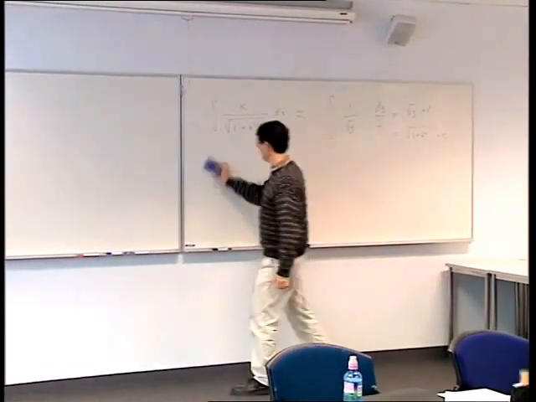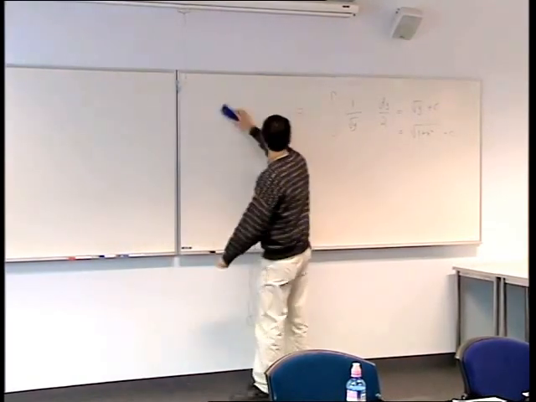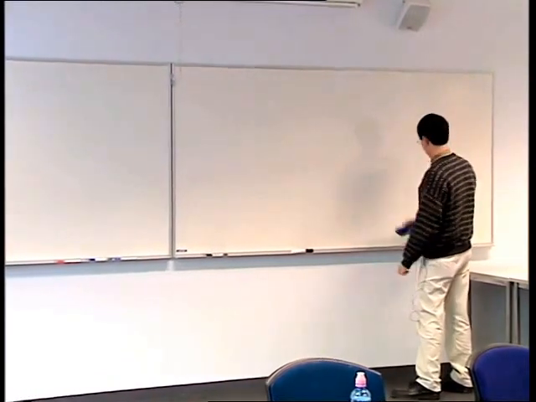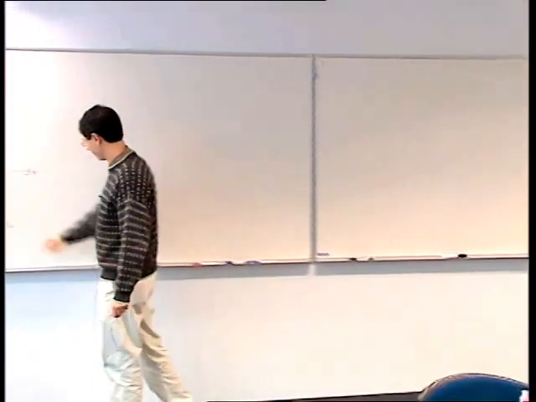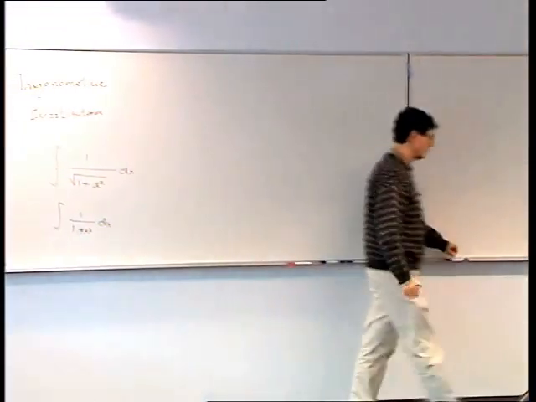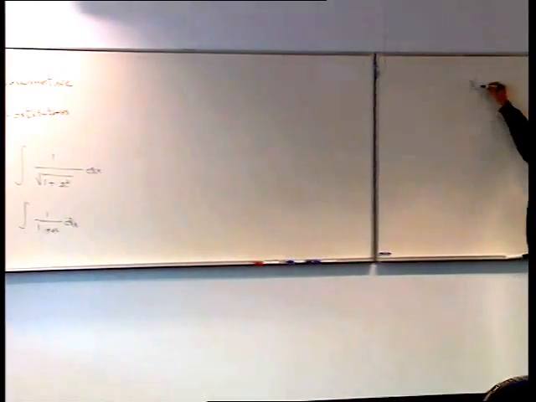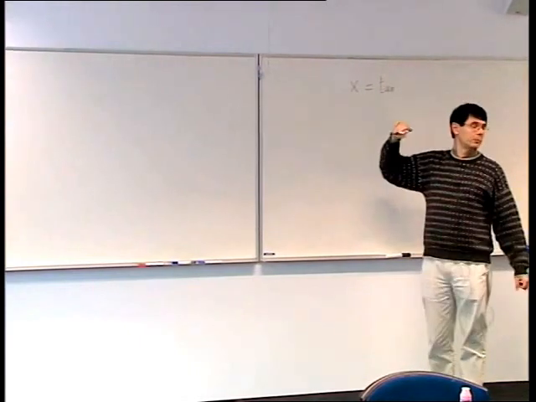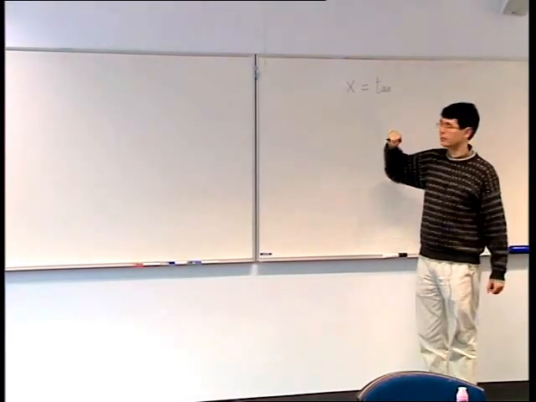And I'm going to show it to you right now in these examples here. You may not like it, but here's what you have to do. X is equal to tangent of, now give me a letter you like, theta.